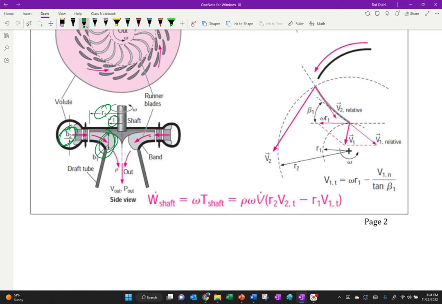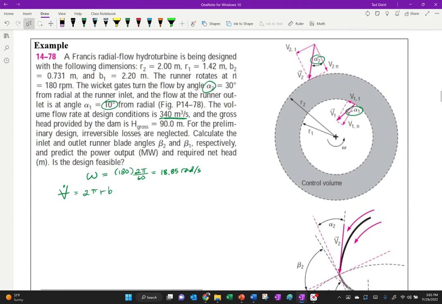So what we're really doing is finding the area that's through there, and we can multiply that by the normal velocity right here. So let's say this is 1, and 1n right there, right? So we can find V1n by taking Q and dividing it by 2 pi r1 b1.